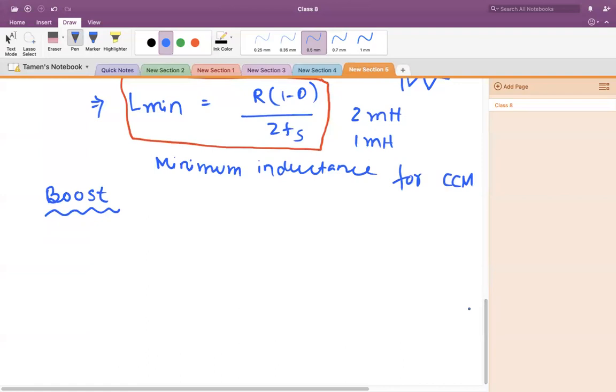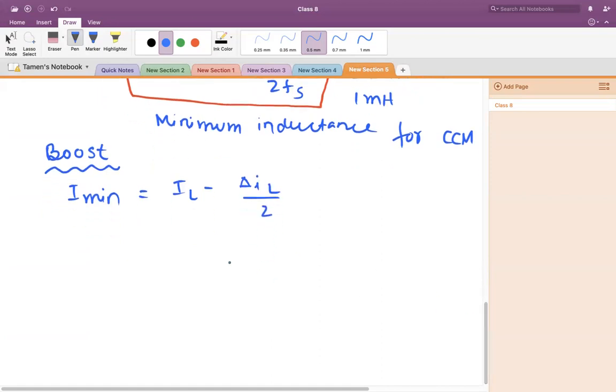Now we need it for the boost. Same process we will follow. I minimum equal to IL minus delta IL by 2 equal to I naught upon 1 minus D minus V naught.